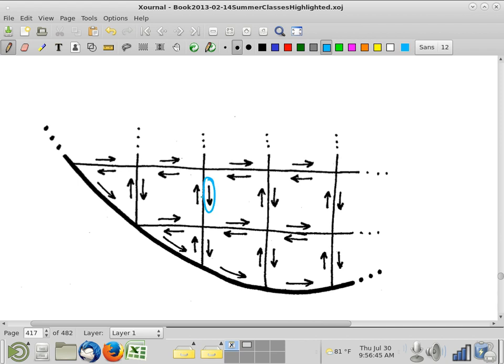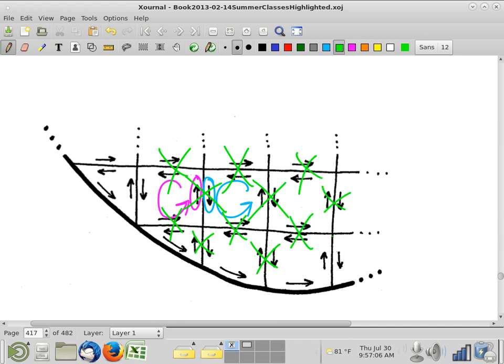That edge is downward oriented as part of the boundary of that piece. It's upward oriented as part of the boundary of that piece. And so this edge cancels. Likewise, that edge cancels. All of these interior pieces, poof, disappear.